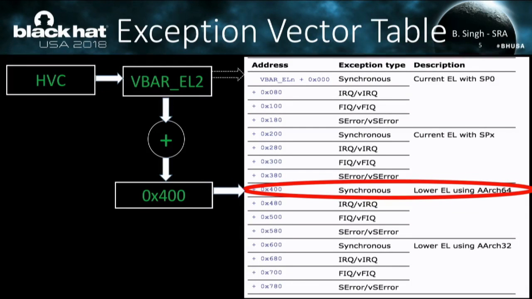So when HVC originates from a 64-bit kernel, the CPU refers to the VBAR_EL2 register, obtains the pointer, adds 0x400 to it, and then executes the handler code from there. This is how the hypervisor services requests from the OS, and they communicate with each other. So this explains how the communication happens internally between the OS and the hypervisors.